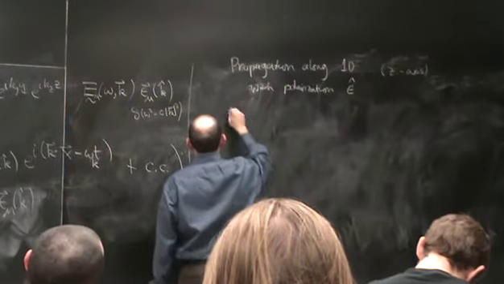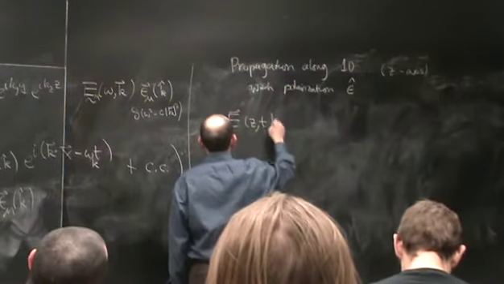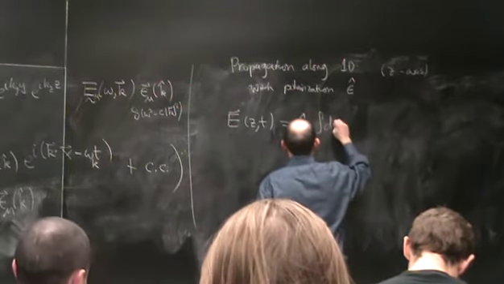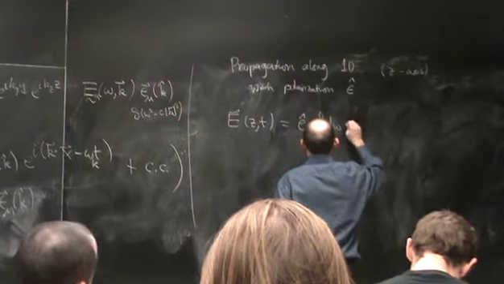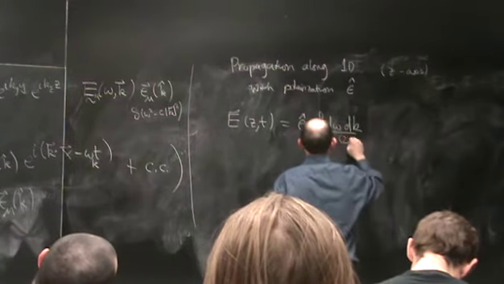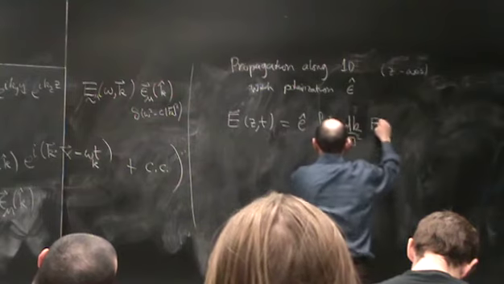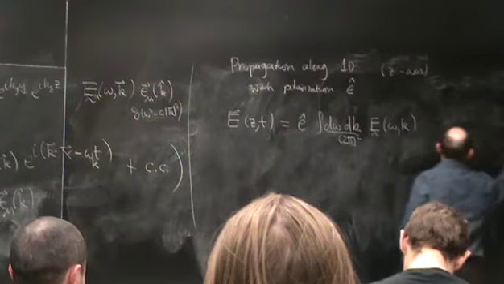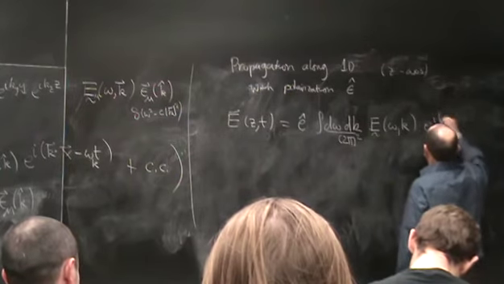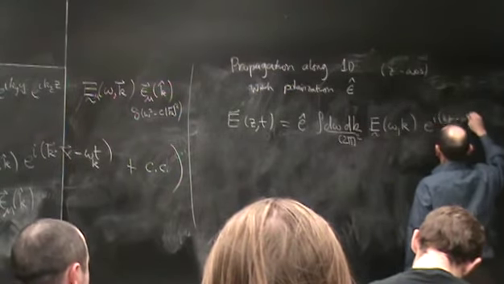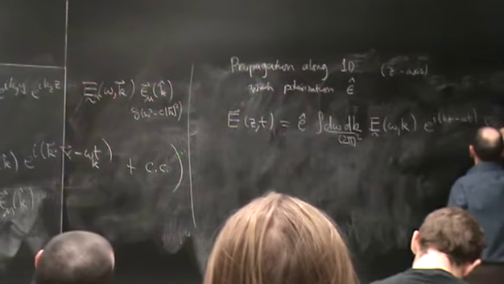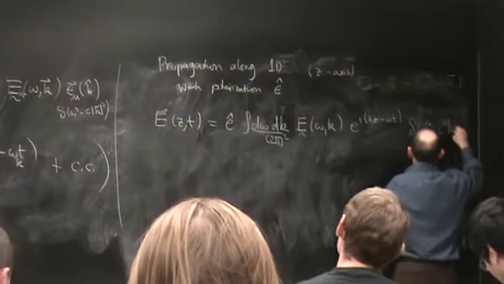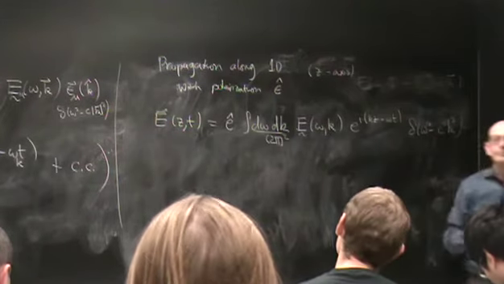So E as a function of one spatial direction called z, with one polarization, is the integral of d omega dk of E tilde of omega and k, e to the i(kz minus omega t), times delta of omega squared minus c squared k squared.